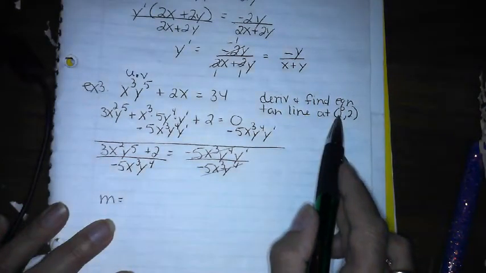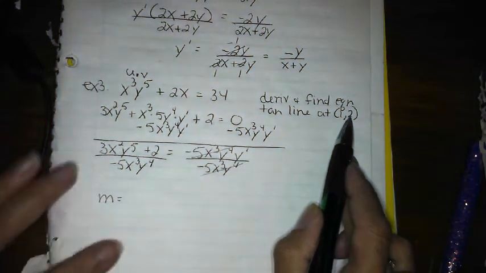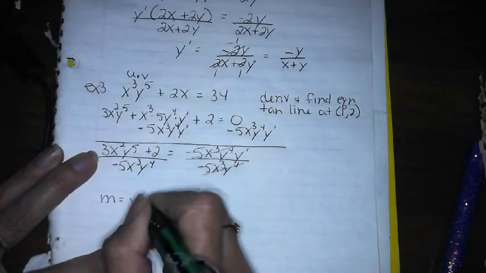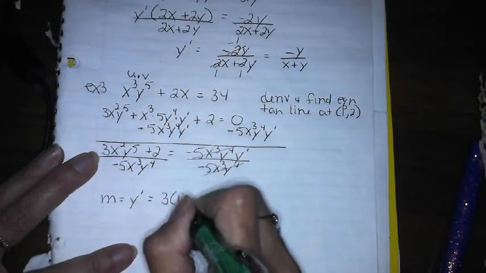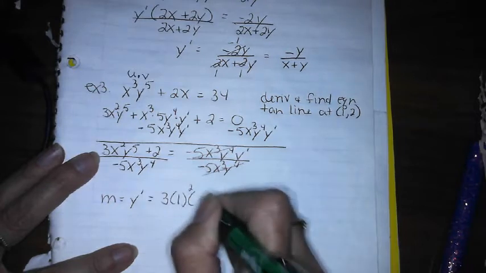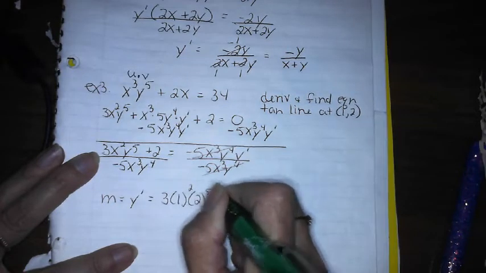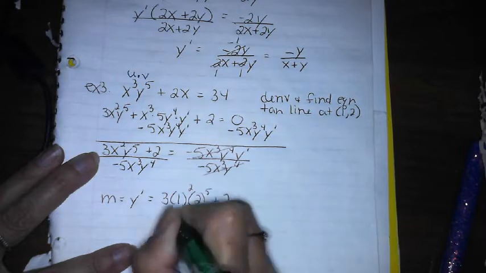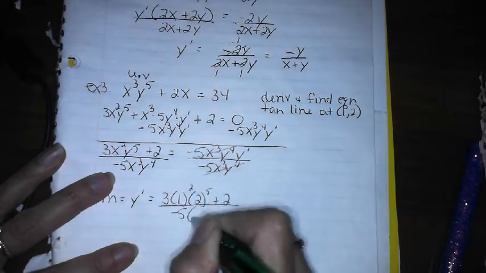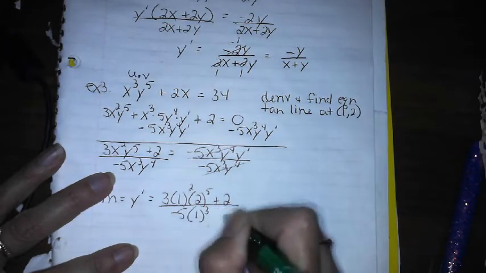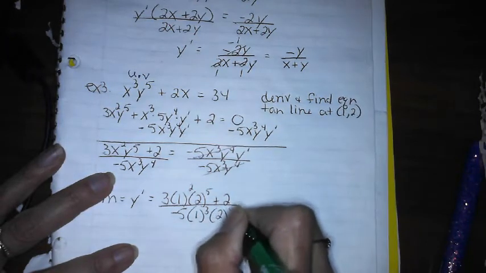So wherever I see an x, I'm putting a 1, y gets a 2. So the slope is the y prime value, so it's 3 times 1 squared times 2 to the 5th plus 2, all divided by negative 5, 1 cubed, 2 to the 4th.